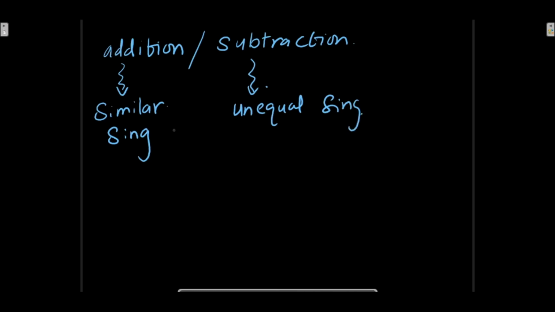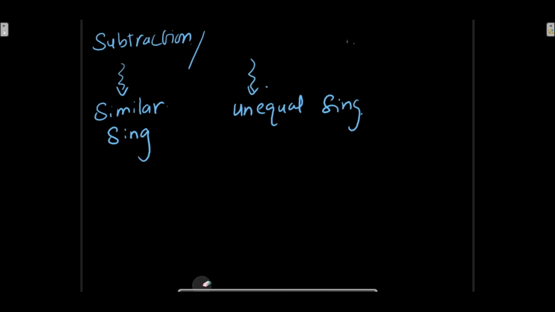If it is similar sign, you cannot do addition; you have to do the subtraction. Same sign, you have to do the subtraction. So I will show how it happens. If it is unequal sign, you can do the addition.